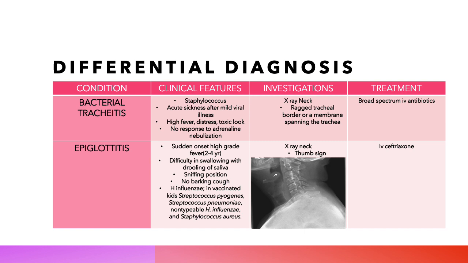It presents as an acute sickness after a mild viral illness, characterized by high fever, respiratory distress, and toxic look of the child, and when we try to manage it like a patient of croup and nebulize with adrenaline, we may have no response to the adrenaline nebulization. On X-ray neck, we will find a ragged tracheal border and a membrane spanning the trachea. And how do we manage bacterial tracheitis? By broad spectrum IV antibiotics.